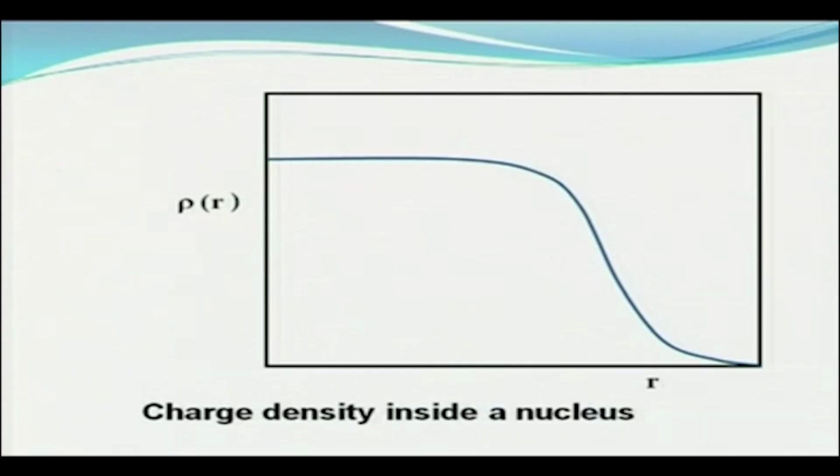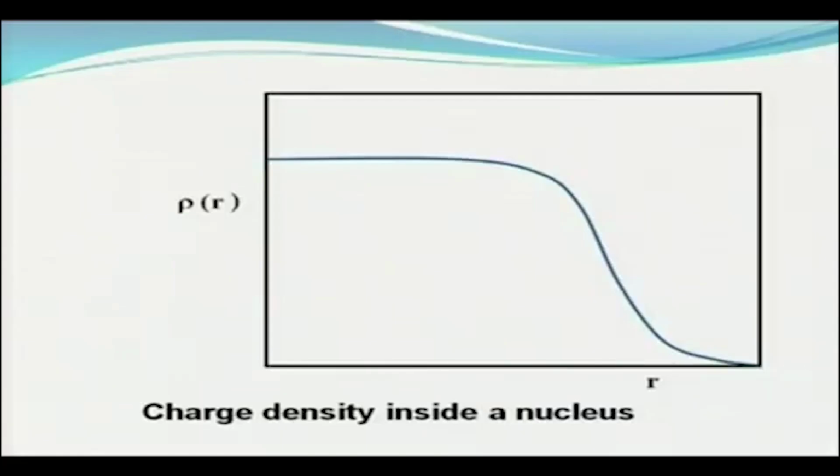Another observation that we could make using this experimental determination of the charge density is the following. It is found that for most of the nuclei, the charge density is constant for smaller values of r. So, in the interiors of the nucleus, charge density is more or less constant for almost all the nuclei, and this charge density will fall off as r approaches the radius of the nucleus, and fall off rather fast, but smoothly.